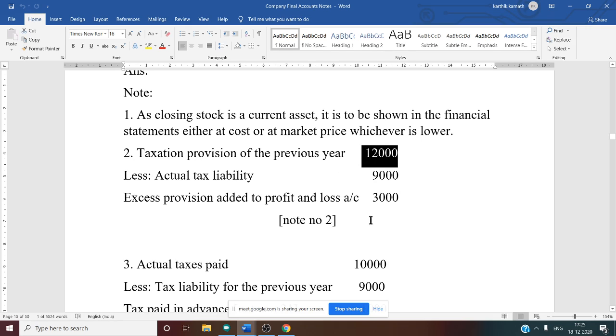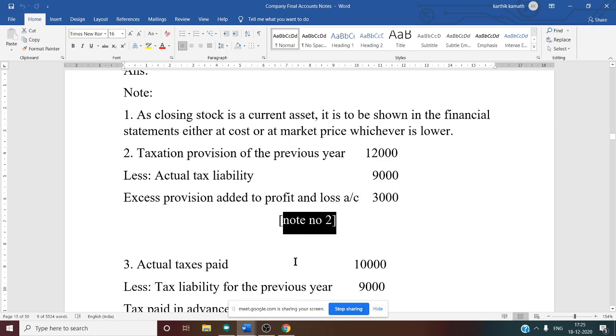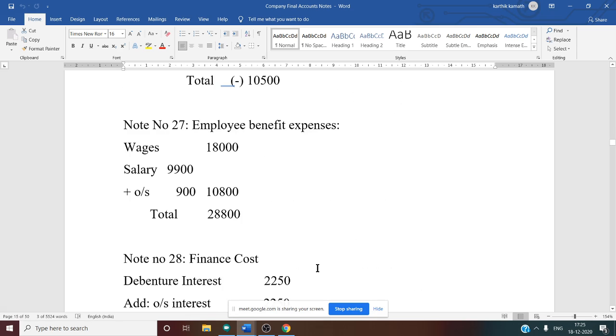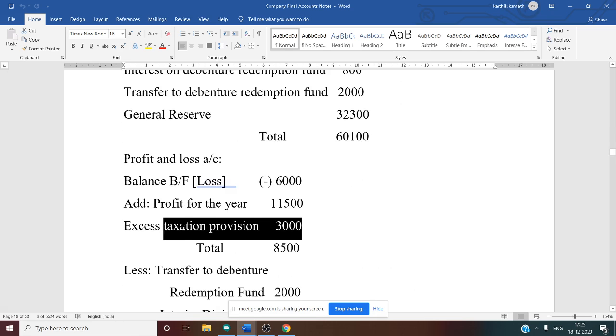That means unused provision or excess provision, that is 3,000. Difference amount 12,000 minus 9,000, you will get 3,000. Such excess provision you have to add to the profit and loss account, note number 2. That is why it is added here. See this, where we have added under P&L account excess taxation provision 3,000, 12,000 minus 9,000 we have added.